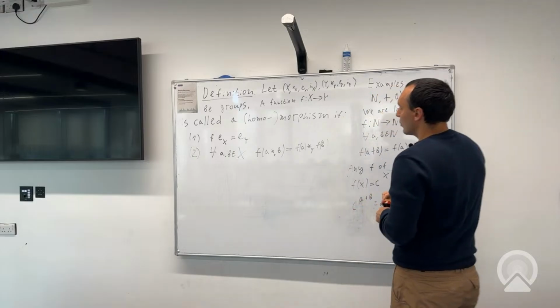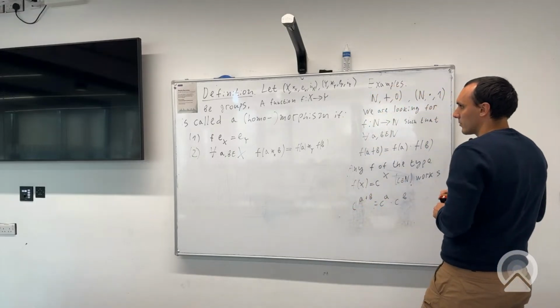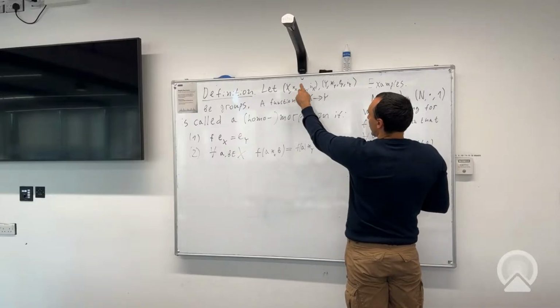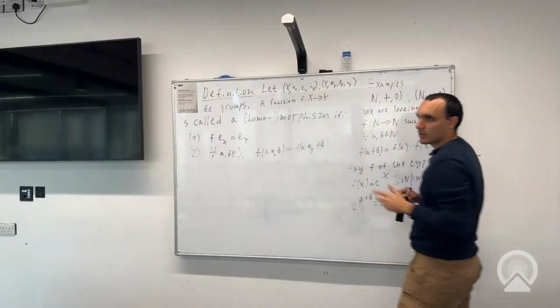So we have two groups now. A group has multiplication, identity, and inverse.